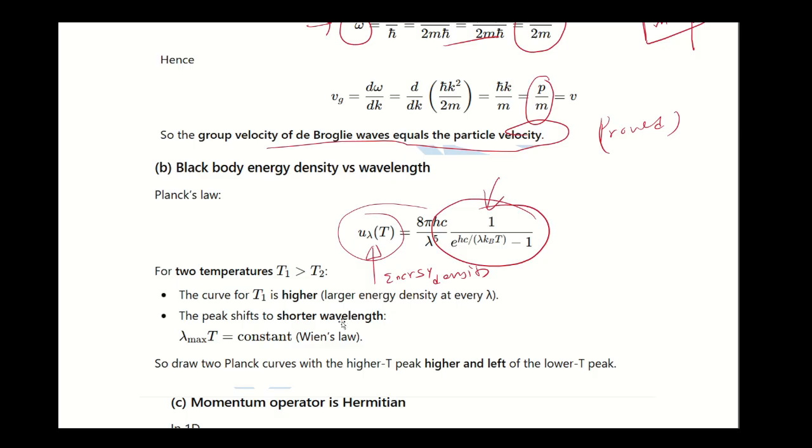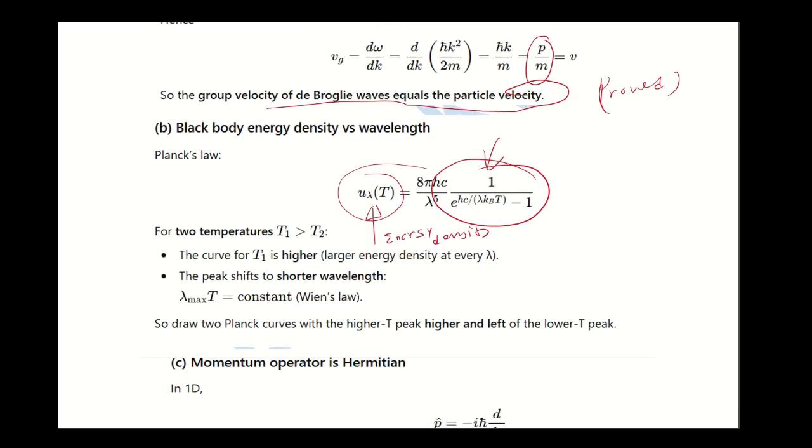For the two temperatures T1 and T2, if we consider T1 greater than T2, then the curve for T1 is higher, and the peak shifts to shorter wavelength.